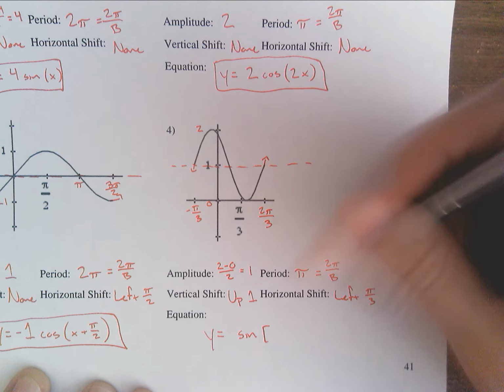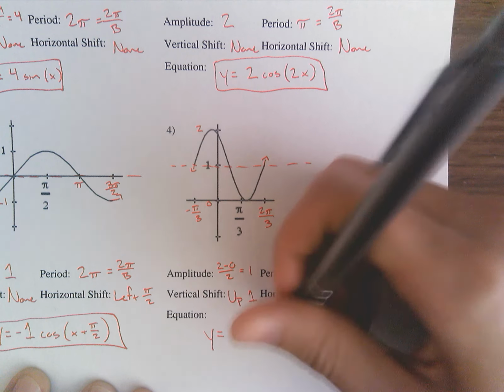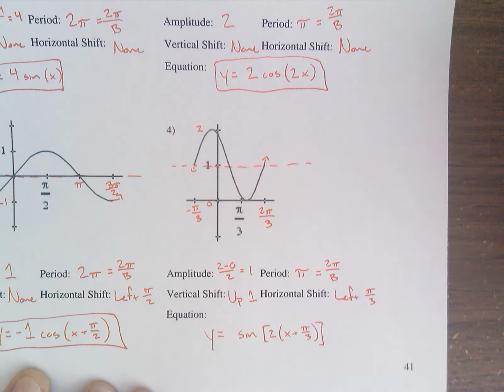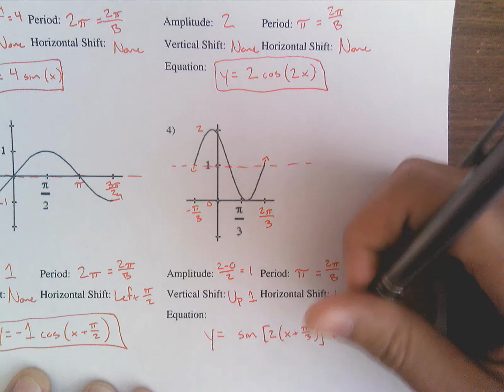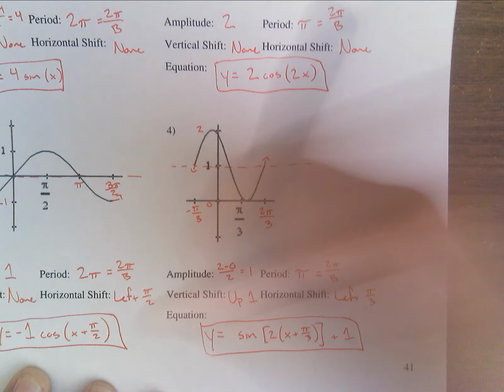So 2 pi over pi is 2. And then we have our horizontal shift, left pi thirds. That's going to be an x plus pi thirds. And finally, we have a vertical shift up 1, so we add 1 at the end. And that's our final equation.